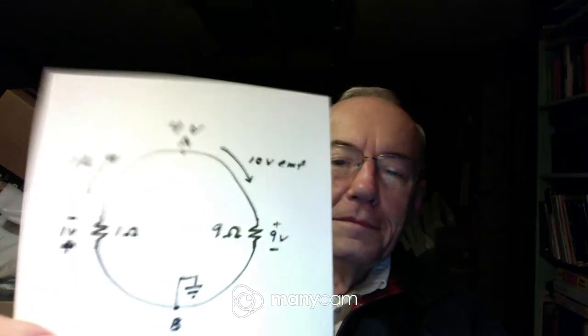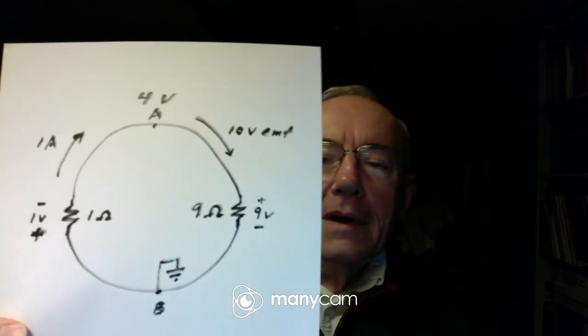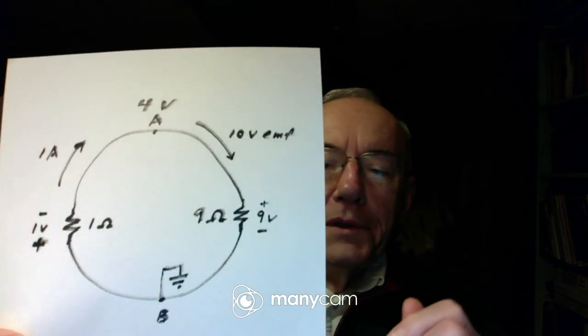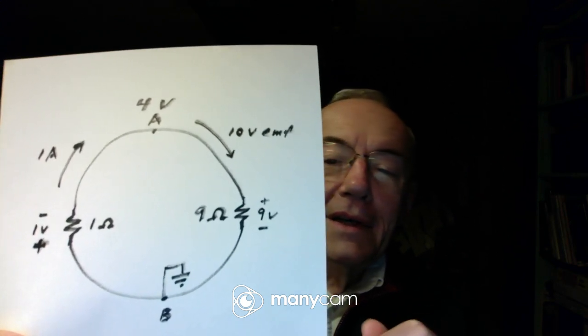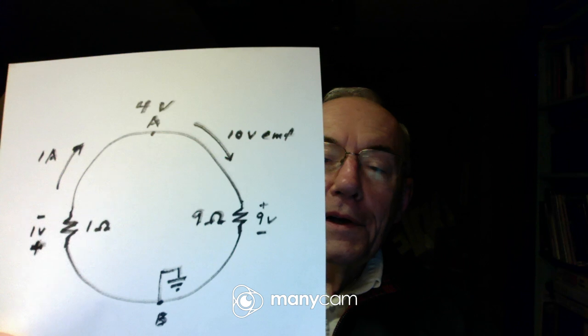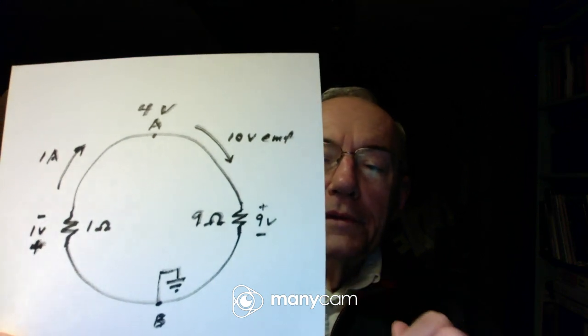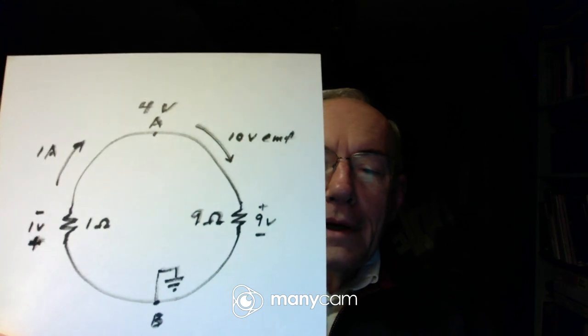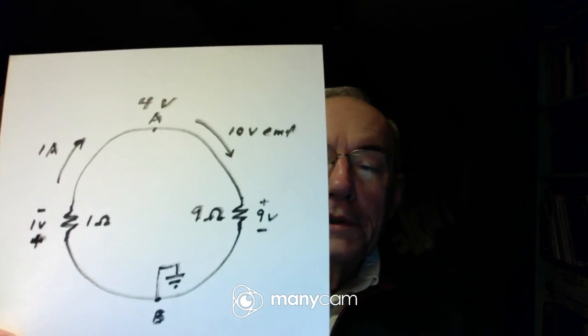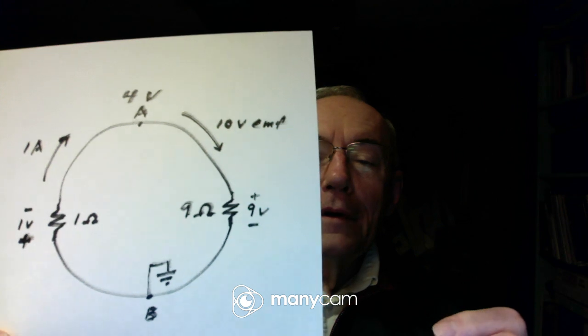For the last example, I have 2 resistors again, but this time they're not symmetrical. You have a 9 ohm resistor and a 1 ohm resistor. Again, let's assume 10 volts of EMF in the total circuit. Again, 10 ohms of total resistance, so you have 1 ampere again.